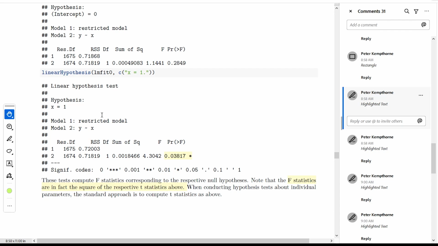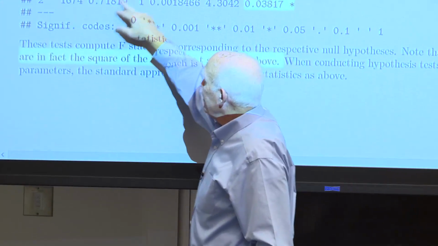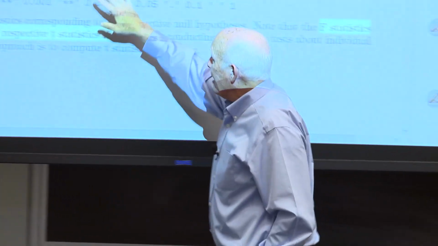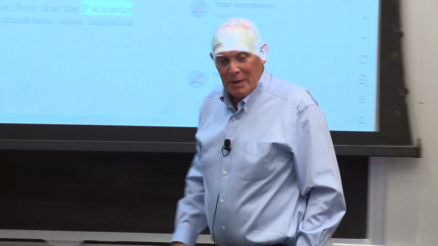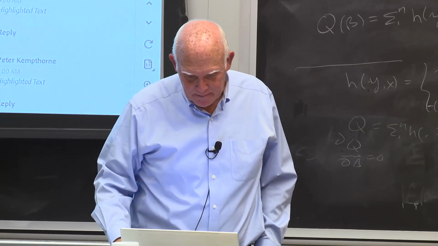And in implementing these hypothesis tests, this CAR package uses the F-test approach. So one has results that give us different residual sum of squares and F statistics, and p-values for the F statistics corresponding to these.